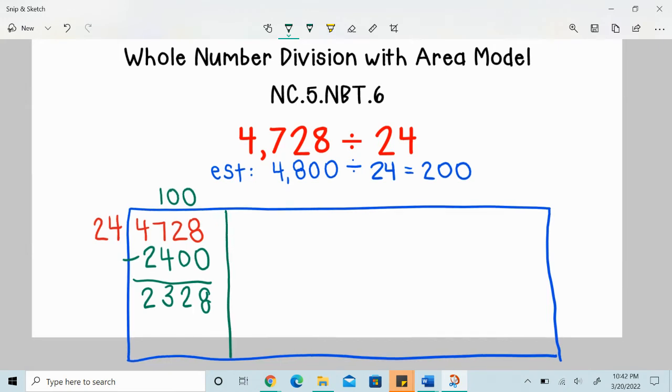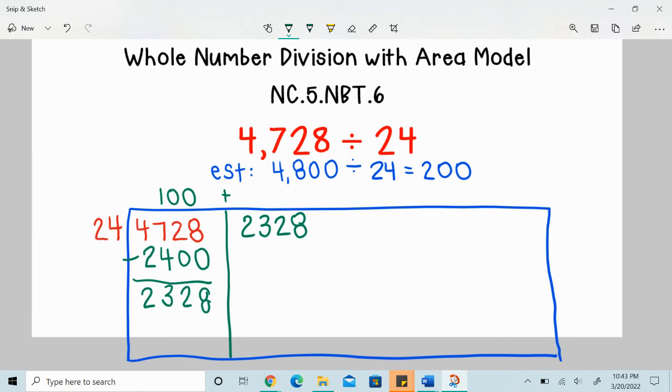2,328. So I need to continue my division, so I'm going to make a new section here, and I'm going to move over that 2,328. And I'll need to think about what my next partial quotient could be. Well, here I see that if I tried 24 times 100 again, if I tried to make 100 more groups of 24, that would take away 2,400, which is too much.